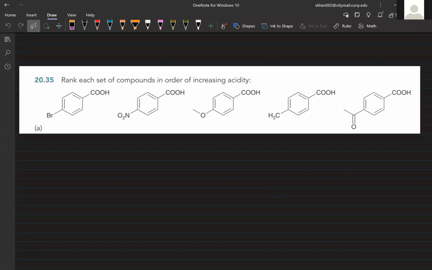So if you want to compare the most acidic protons, it's going to be the hydrogens off of the carboxylic acid group. What's going to make things more acidic is the conjugate base. Do we want the conjugate base to be more stabilized or less stabilized?